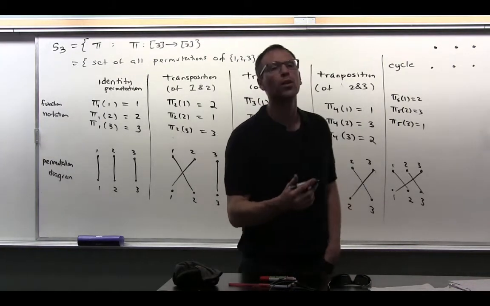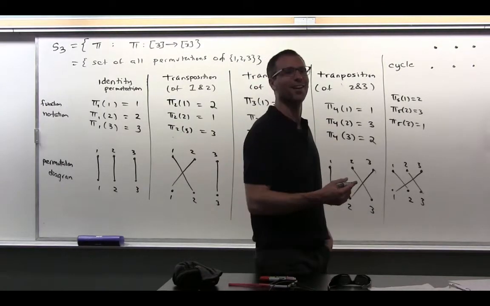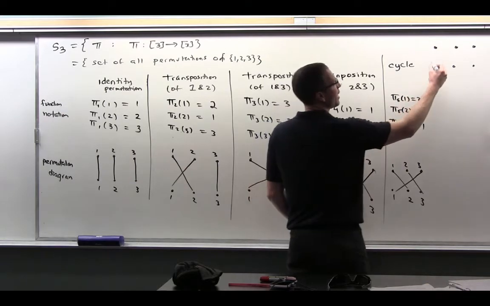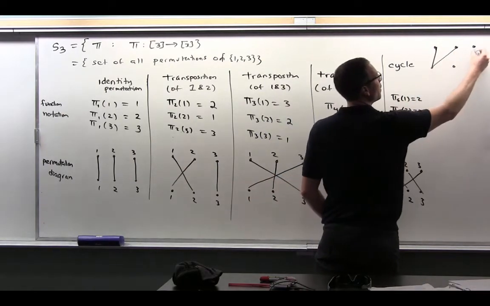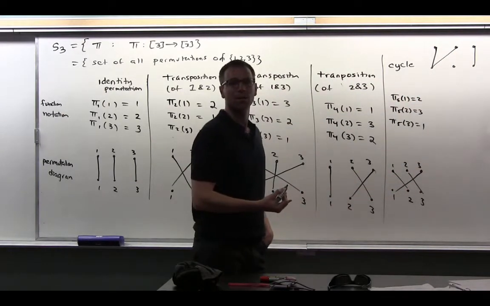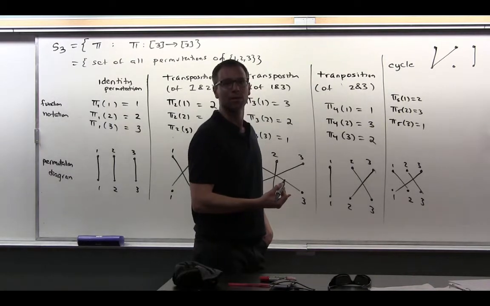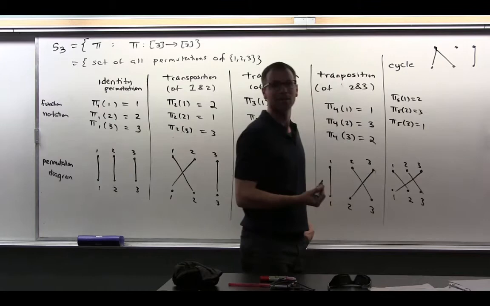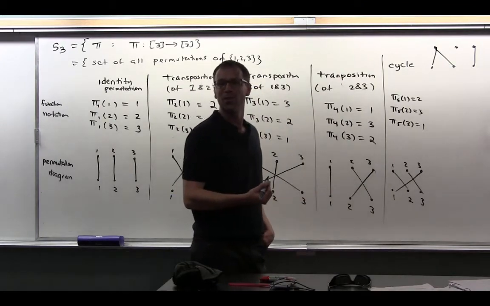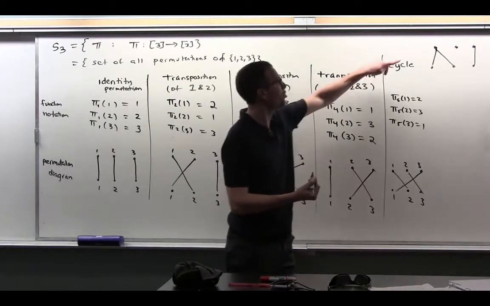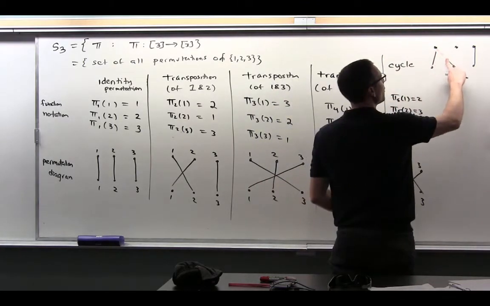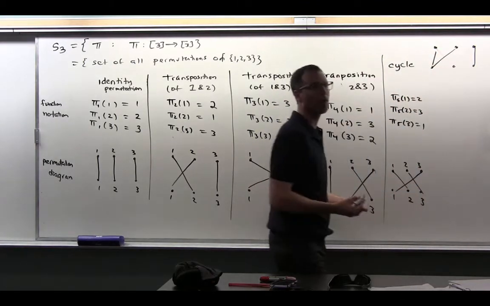Every output has only one line in. Thank you for that. 1 to 1 means that this can never happen. A function means you'll never have an input with 2 outputs. 1 to 1 means you'll never have one output with more than one input.